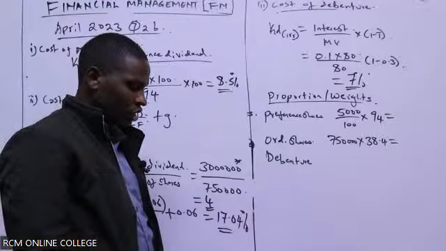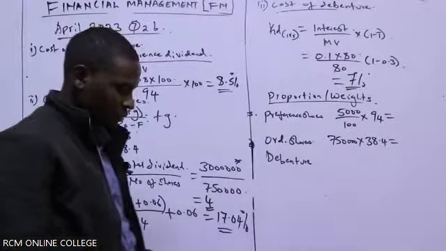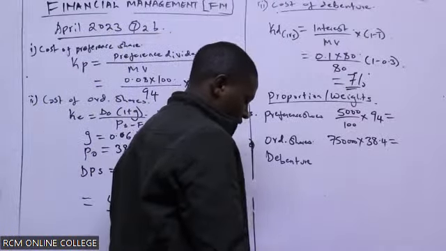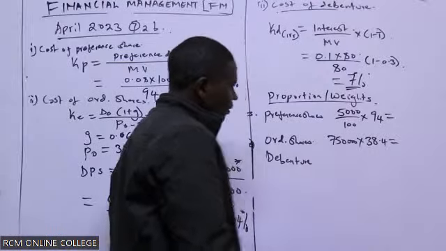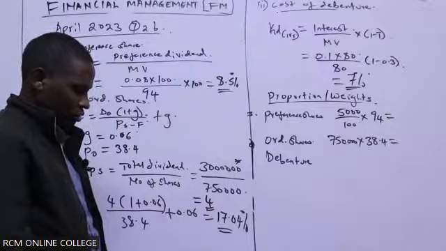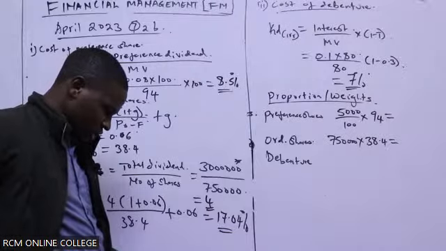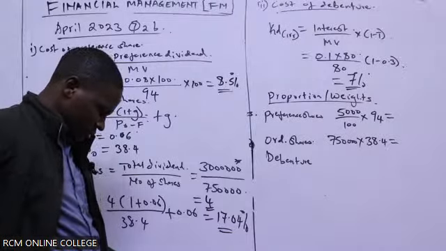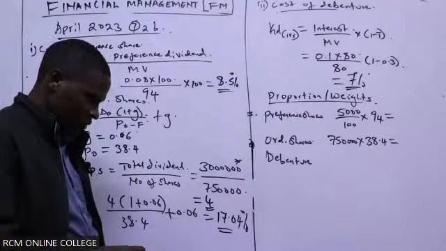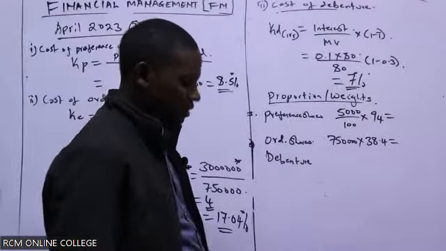So how will our debenture be? Our debenture, I can see we have a value of 7,500, right? Yeah, it's 7,500. And we don't have par in this case.